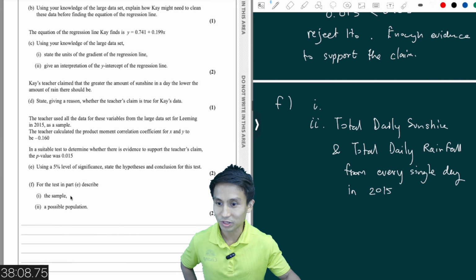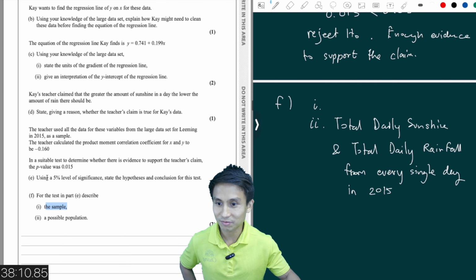So the sample here, for the test in part E, a suitable test to determine whether there is evidence to support the teacher's claim: the teacher used all the data for these variables from the large data set for Leeming as a sample.